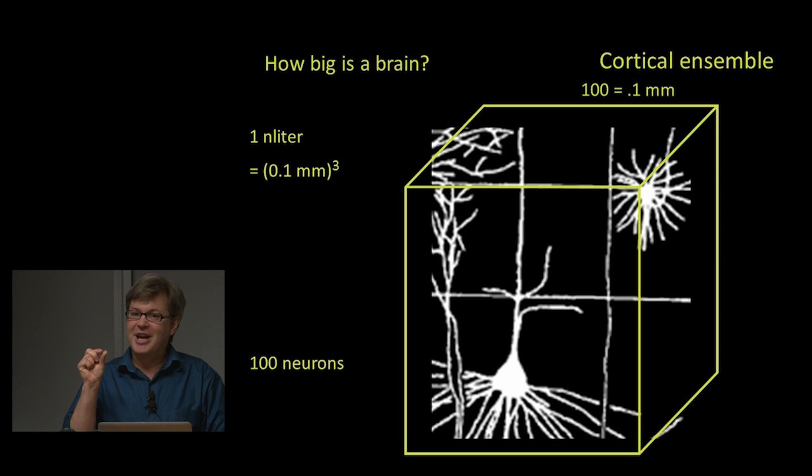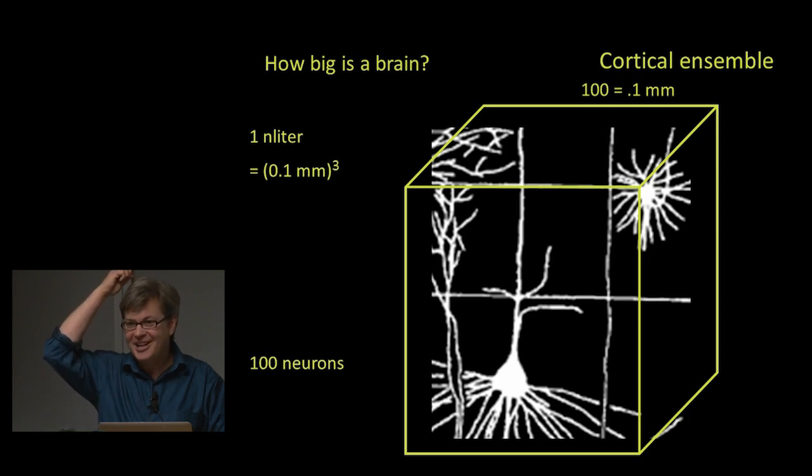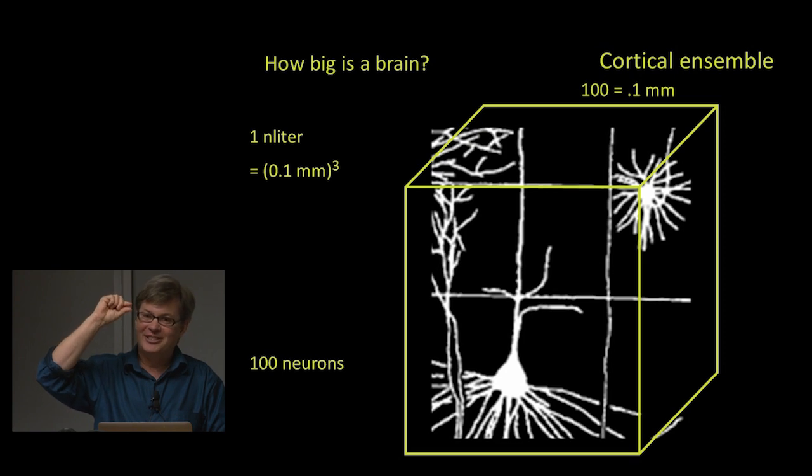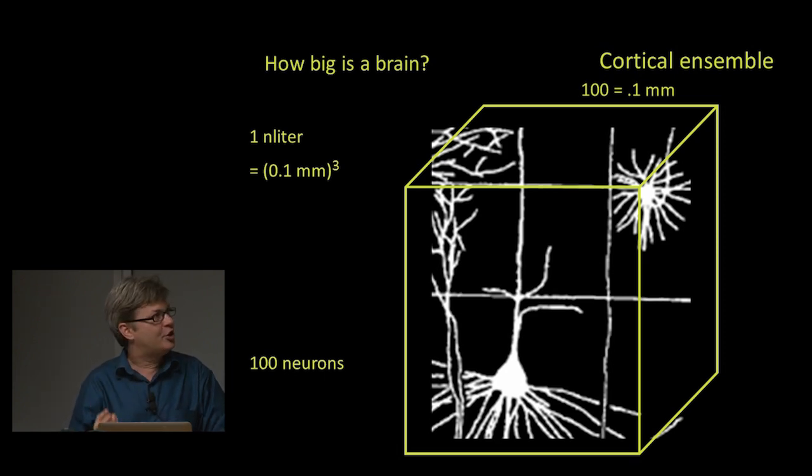So if you could imagine taking one little human hair and trimming it so it forms a cylinder that's just as high as it is wide, something that you wouldn't be able to touch with your hands, that's a nanoliter, a billionth of a liter, and it's a cubic 0.1 millimeter, or a cubic 100 microns.